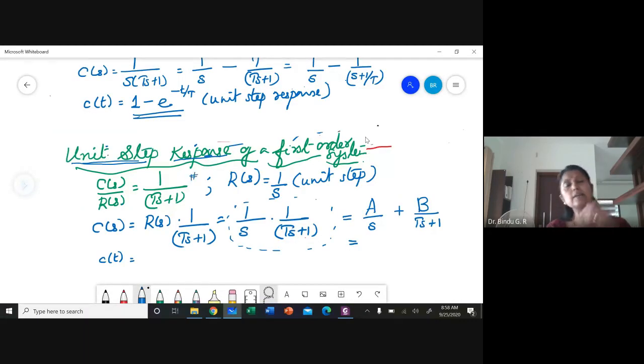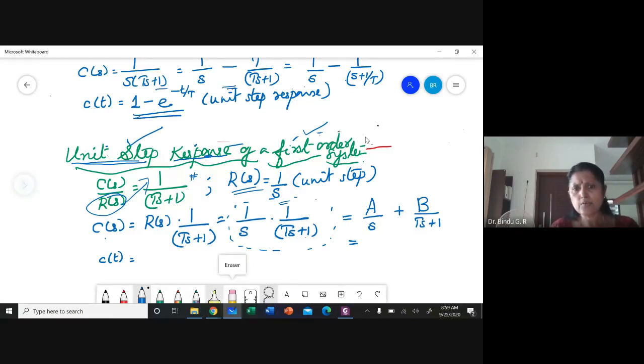Now, we were dealing with time domain analysis and mainly transient analysis. So the very first step is to give a unit step as the input to the system and check how it behaves in the transient domain. How can you give a unit step? I give R(s) is equal to 1 by S, and then C(s) is equal to R(s) into 1 by Ts plus 1, or 1 by S into 1 by Ts plus 1, which you get by using partial fractions as this.